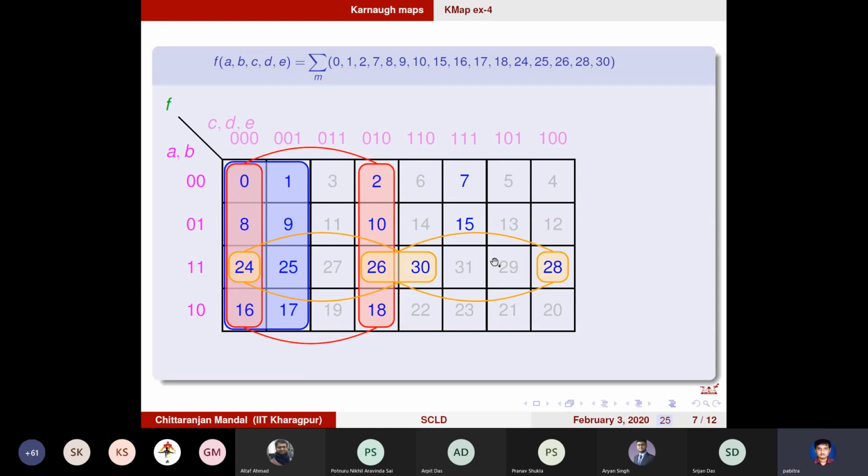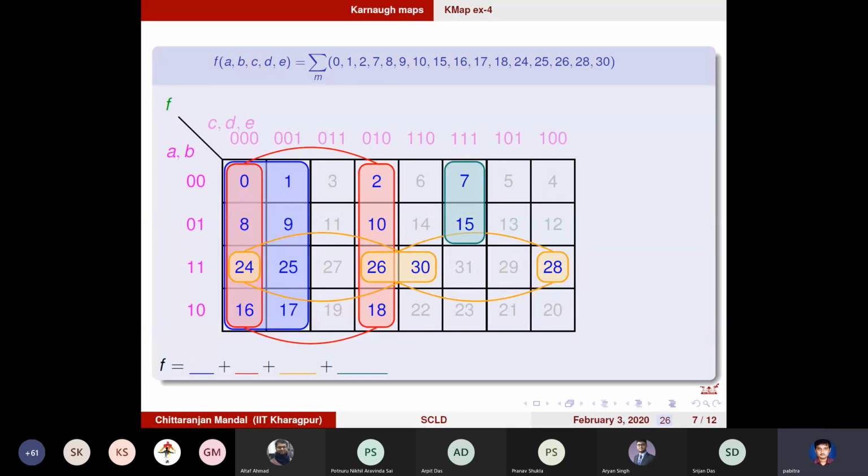Similarly, this is also valid because these two are adjacent and these two are adjacent, and these two are adjacent by the reflection rule. These two are adjacent by the toroid rule. 24 and 26 are again adjacent by the toroid rule. Similarly, 30 and 28 are also adjacent by the toroid rule. So 24, 26, 30, 28 are all adjacent.